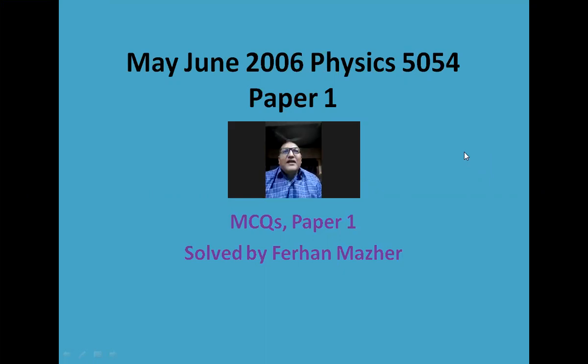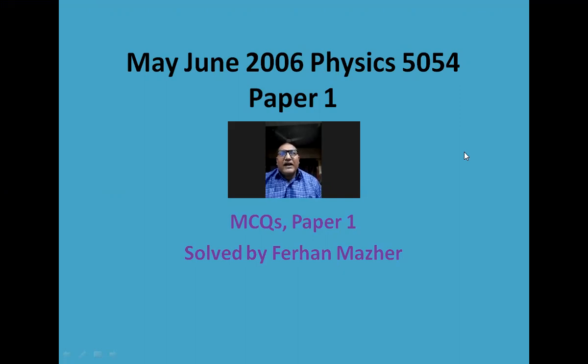And the day is Tuesday, and right now I am with the 11th Cambridge class, and the subject we are studying is Physics 5054. This is Cambridge O Levels Physics, and today we have set our hearts to solve May June 2006 paper 1. This paper is basically from zone 2.